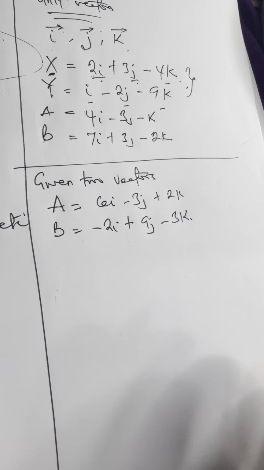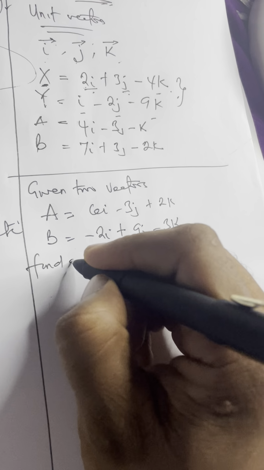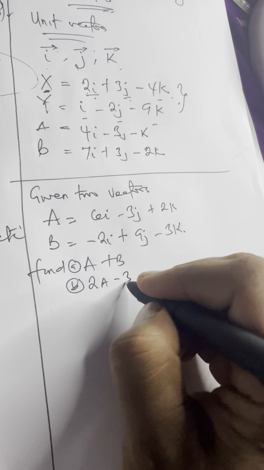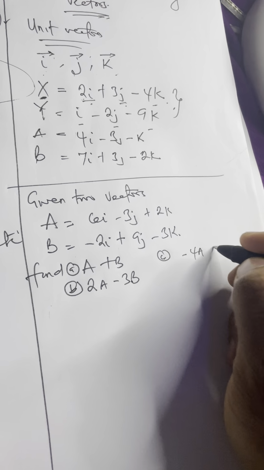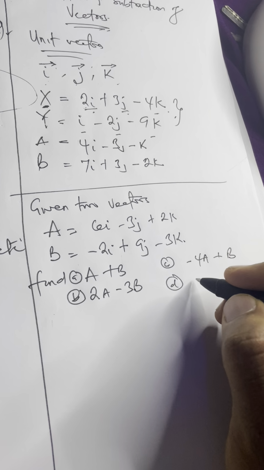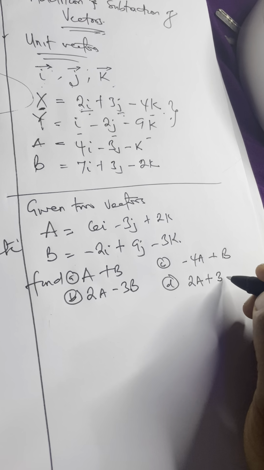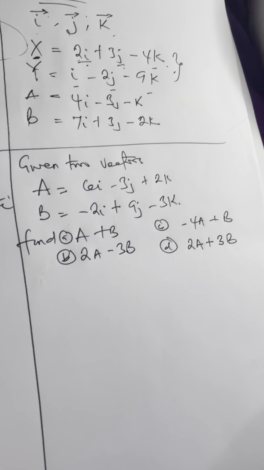These are two vectors, and we are told to find A plus B, then 2A minus 3B, then C, minus 4A plus B, then D, 2A plus 3B.